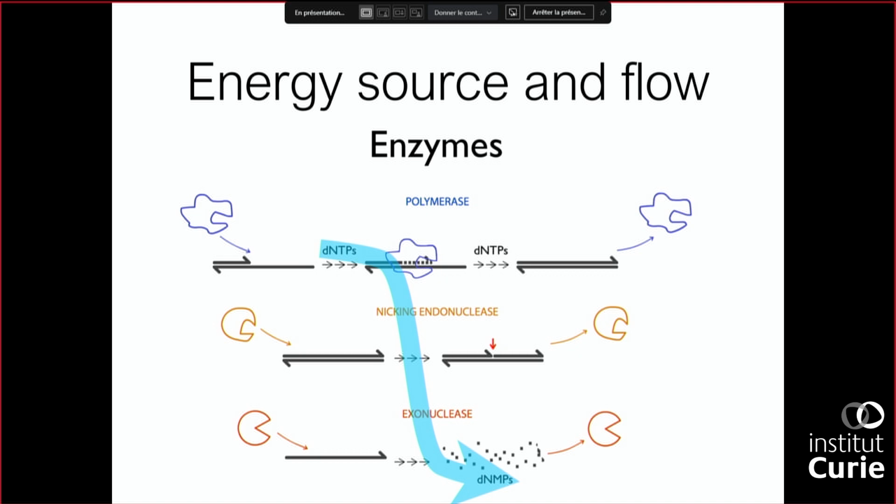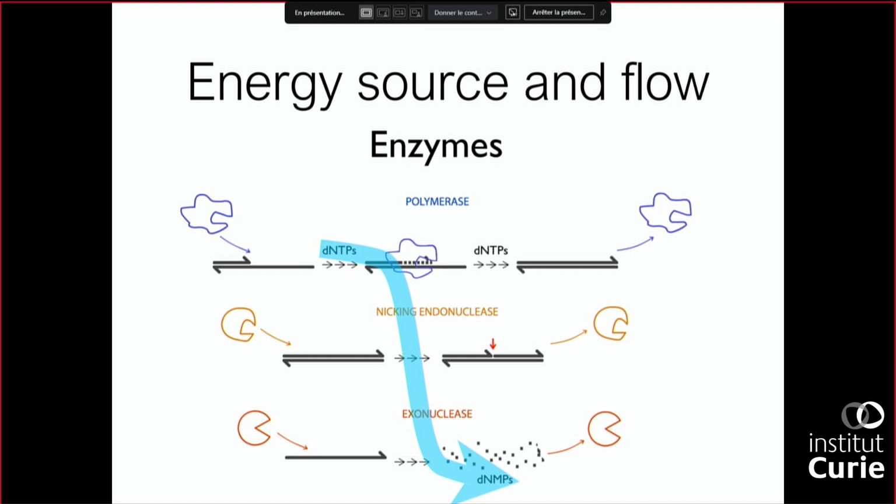So now let's try to make a slightly larger one. Just remember that there is a flow of energy through the system, and the flow of energy is managed by enzymes and comes from activated molecules, which are the DNA building blocks.